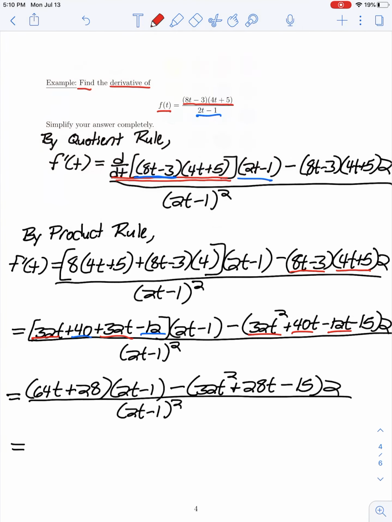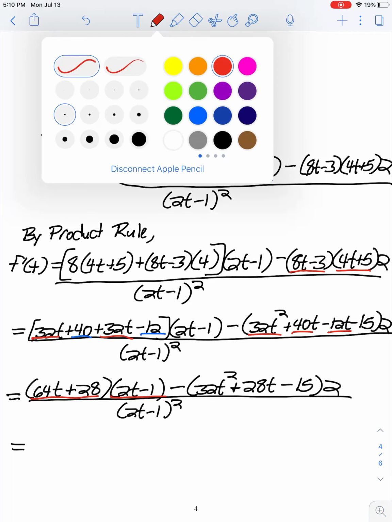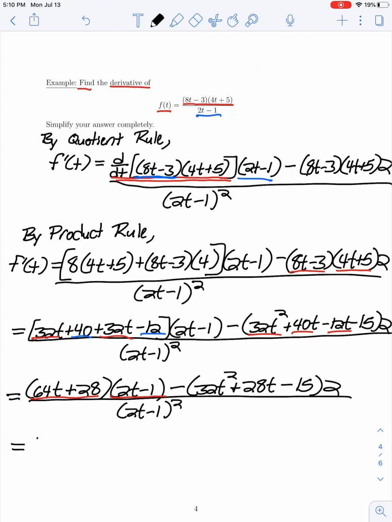So now, expanding all products through the numerator, taking the product of these first two functions, we have 128t squared minus 64t plus 56t minus 28.